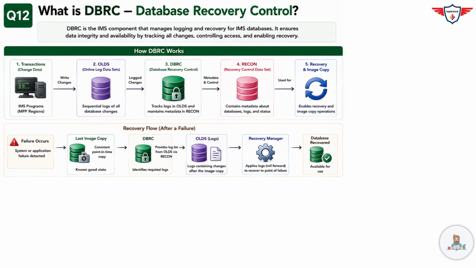It controls which programs are authorized to access which database, prevents unauthorized concurrent access, and provides the metadata needed for image copy and recovery operations. So when a database needs to be recovered after a failure, DBRC supplies the recovery manager with the logs that need to be rolled forward from the last image copy to the point of failure.